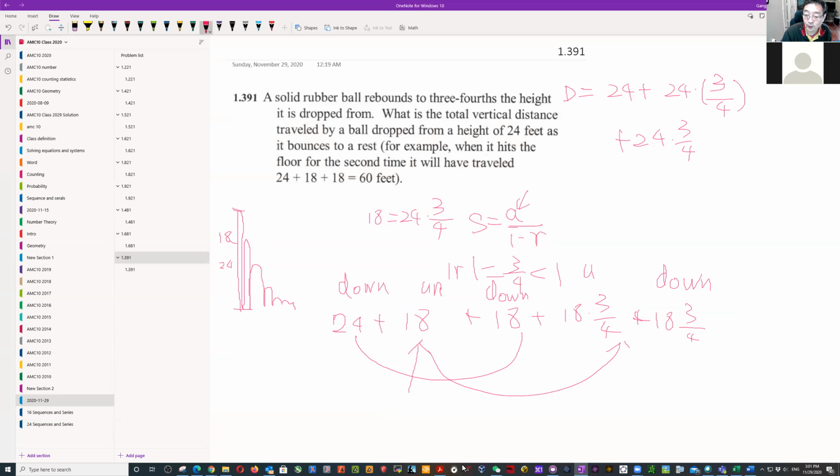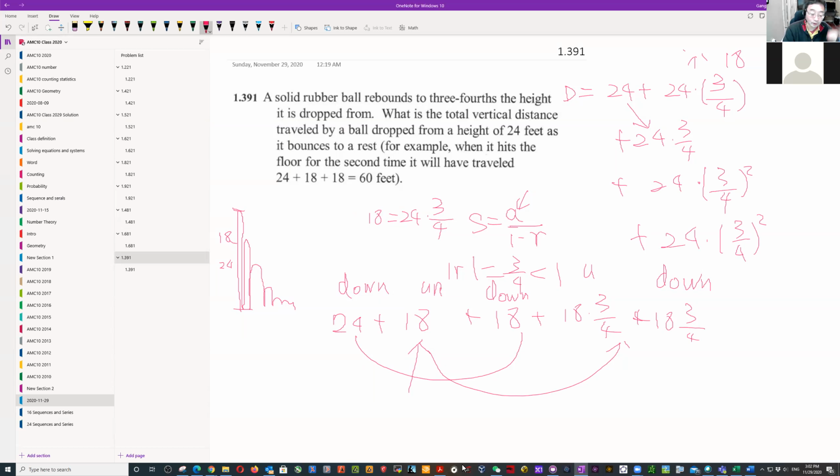So this is the leg down, and this is the leg up. 24 multiplied by 3/4 is just 18. Then on the way down, it's going to repeat this again, so it's 24 multiplied by 3/4 squared, and also plus 24 multiplied by 3/4 squared.